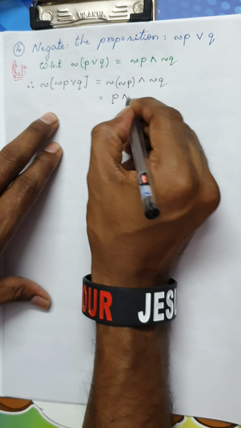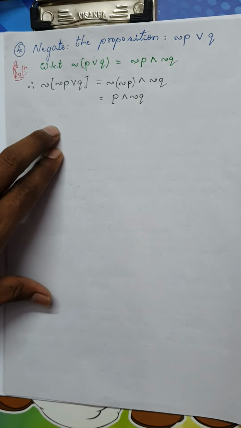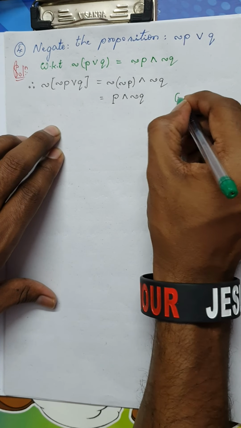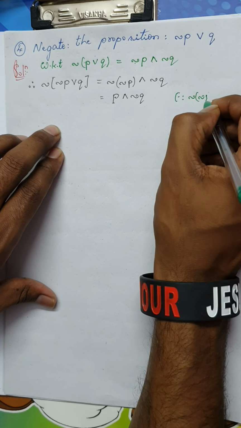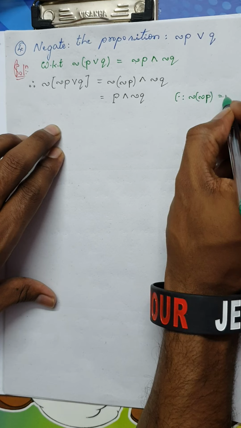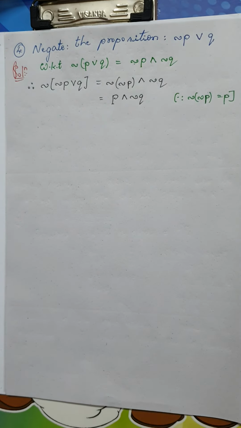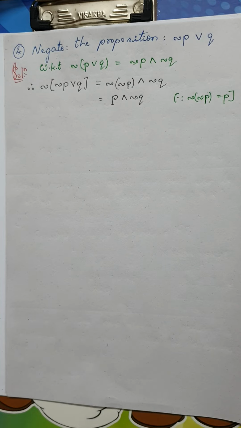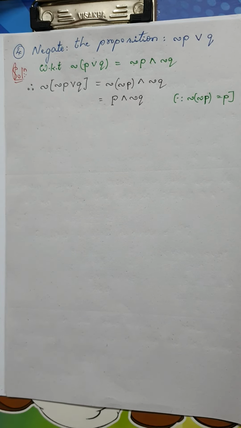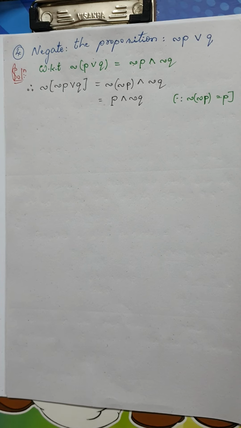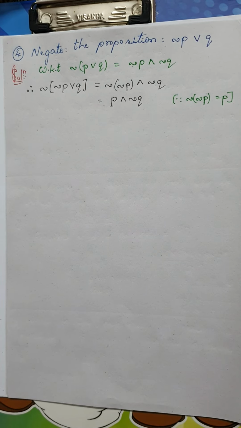So it is P and negation Q. You can write the reason: because negation of negation P is simply P. These are all basic laws of and, or, negation. I believe that you are familiar with these things, and you can easily score 1 mark if they give you this question in your main examination.